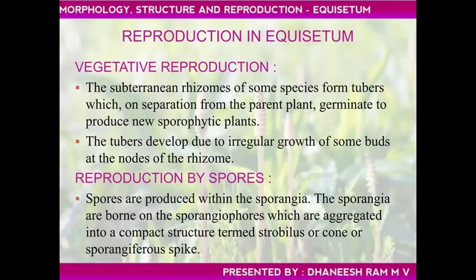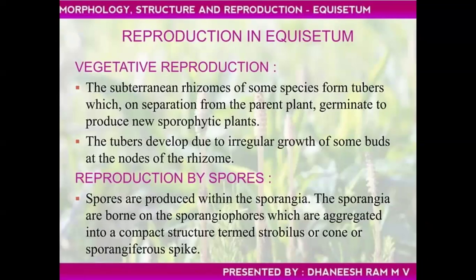These tubers store the excess food material. When these tubers detach from the rhizome, they germinate and develop into a new sporophytic plant. That is how Equisetum reproduces vegetatively.